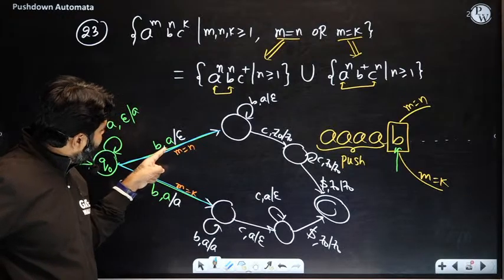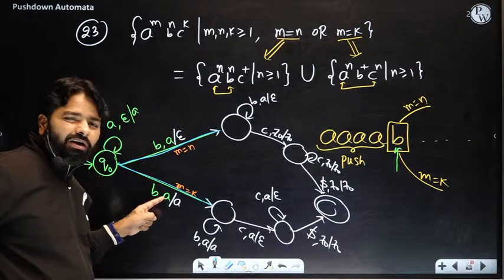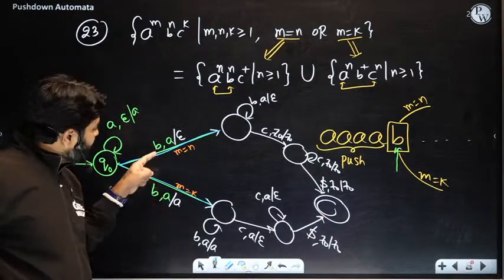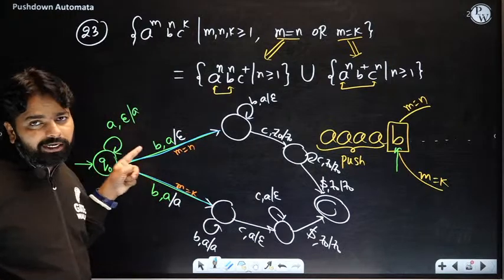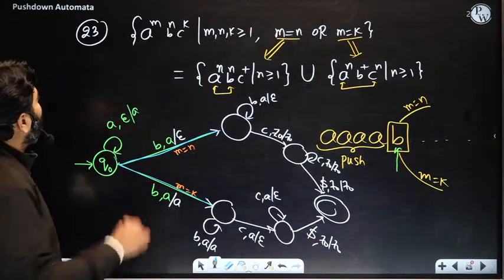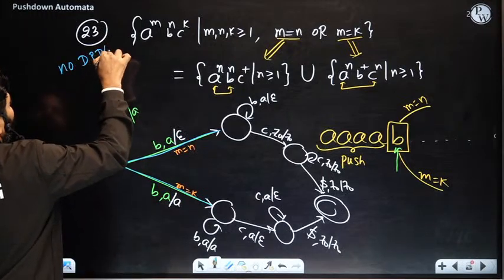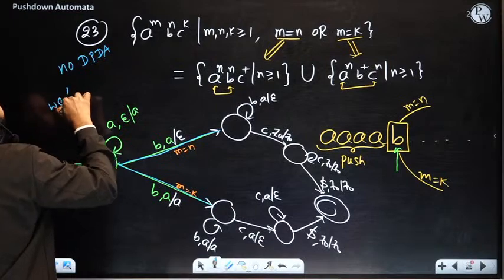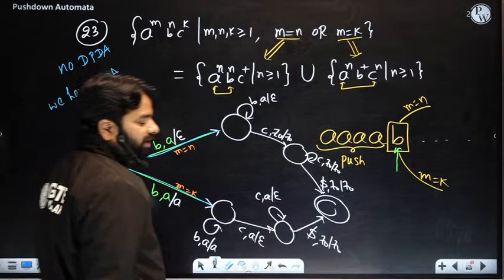So you have to look at both. If this is B comma A and this is B comma Z naught, it's deterministic. But here B comma A, and here also B comma A, that's why this is not deterministic. That's why there is no DPDA for this. What we have is only a PDA. That PDA is this way.